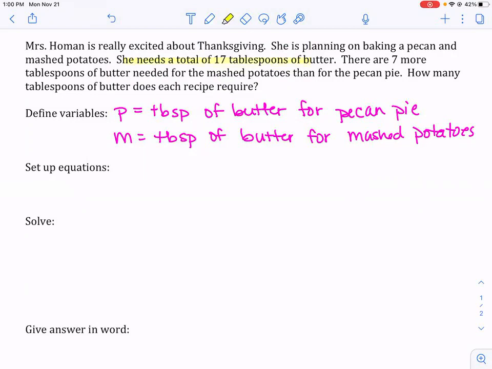She needs a total of 17. What equals 17? I need a total. What should equal 17? Oh, the total, P plus M, the tablespoons of butter in the pie, the tablespoons of butter in my mashed potatoes should add together for a total of 17. Okay.